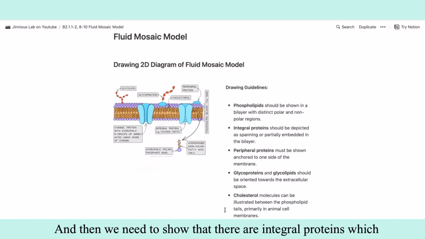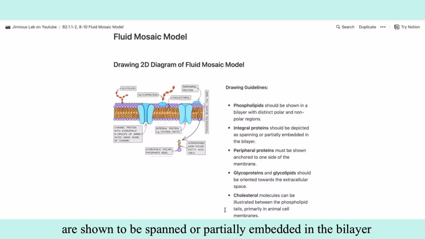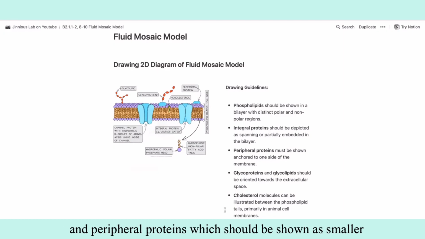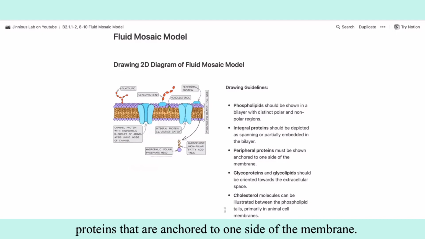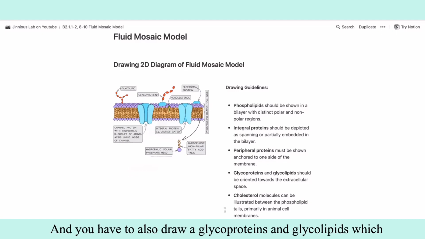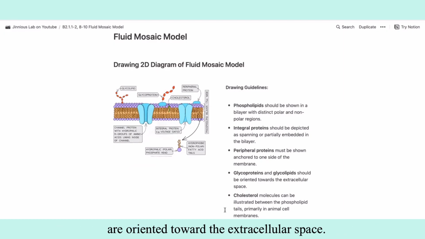And then we need to show that there are integral proteins, which are shown to be spanning or partially embedded in the bilayer, and peripheral proteins, which should be shown as smaller proteins that are anchored to one side of the membrane. And you have to also draw glycoproteins and glycolipids, which are oriented toward the extracellular space.